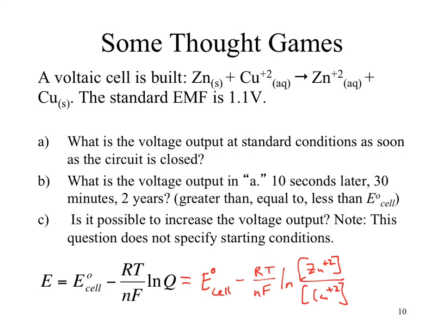We got a negative number. So if this is now negative, these are all positive, what happens when we do a negative times a negative? Becomes a positive. What happens to our measured cell potential? It goes up. So we can set up a system such that we get more power out of it, or we can prolong the power usage by tweaking the concentrations of our reactants and products.